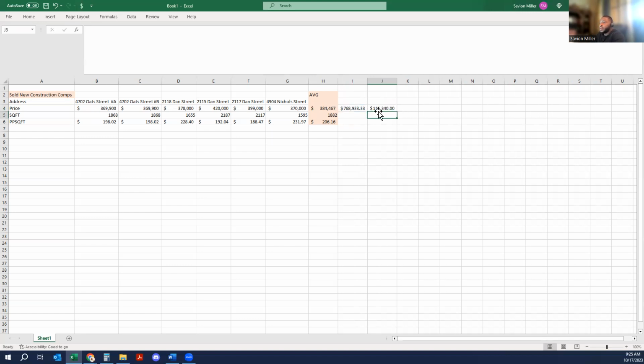So that lets me know right here that based off of the data, based off of the MLS data, the best data that you're going to be able to get, that's what's sold over the past 90 days, new construction. The average price is right here. This is the average sold price based on the comps.